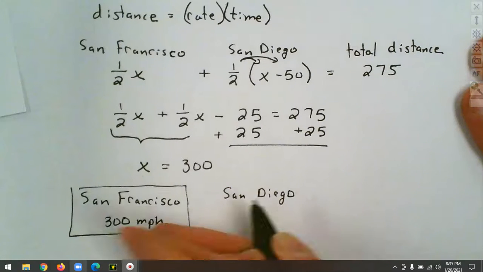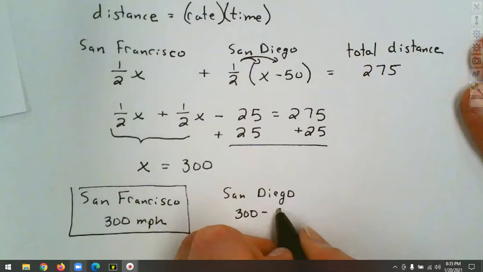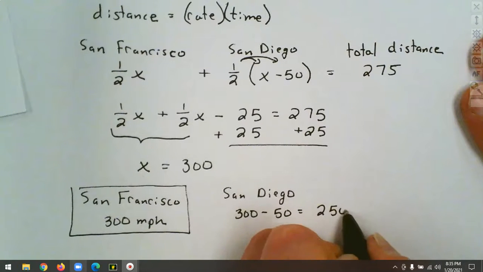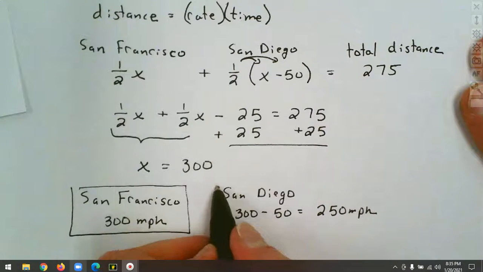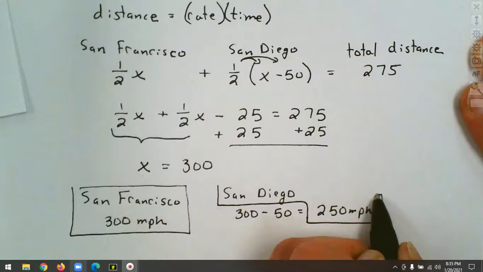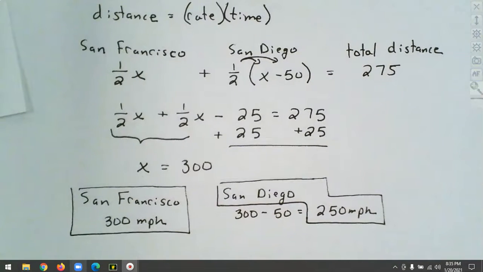Well, the San Diego plane is 300 minus 50, and that is then 250 miles an hour. So that's the speed of our San Diego plane. We've got both of our speeds, and we've answered that question.